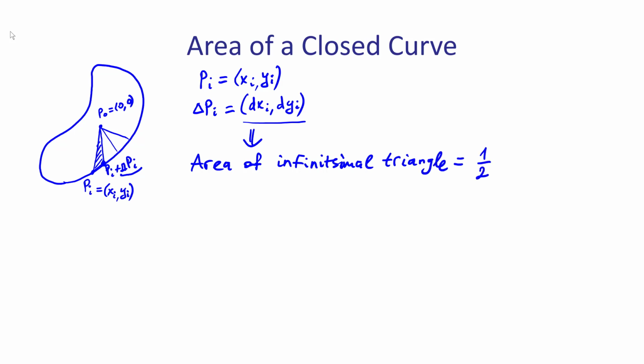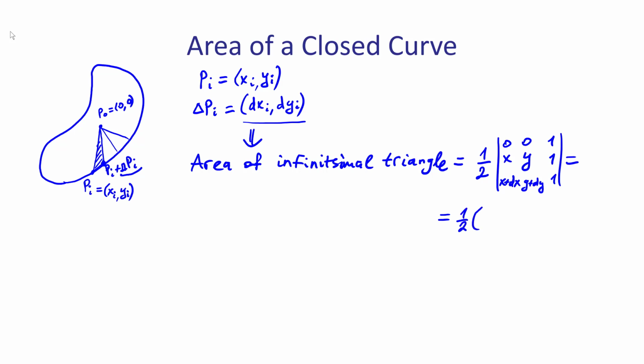Using our formula, it will be 1/2 and then the determinant from the point 0, 0, which is P0, 1, then x, y, 1, and then x plus dx, y plus dy, 1, which will give us the following solution.